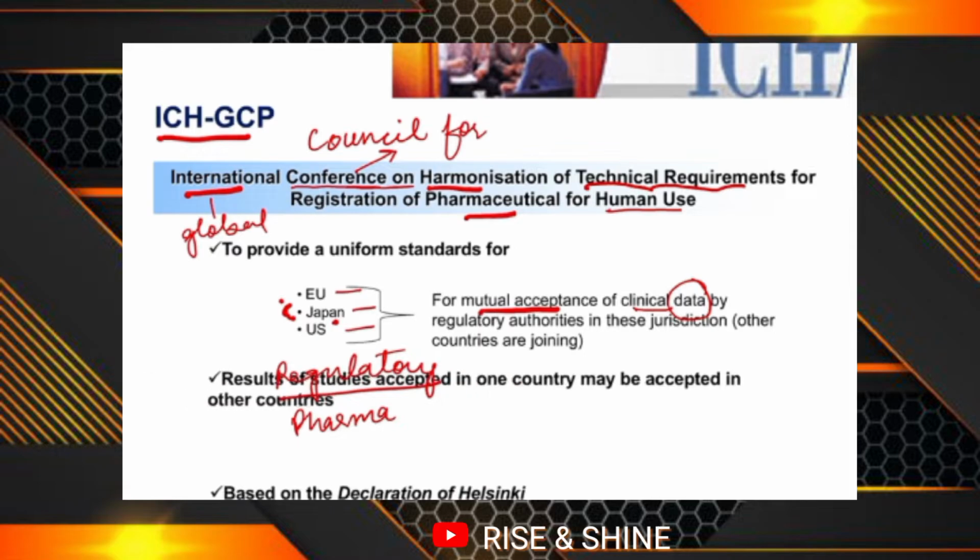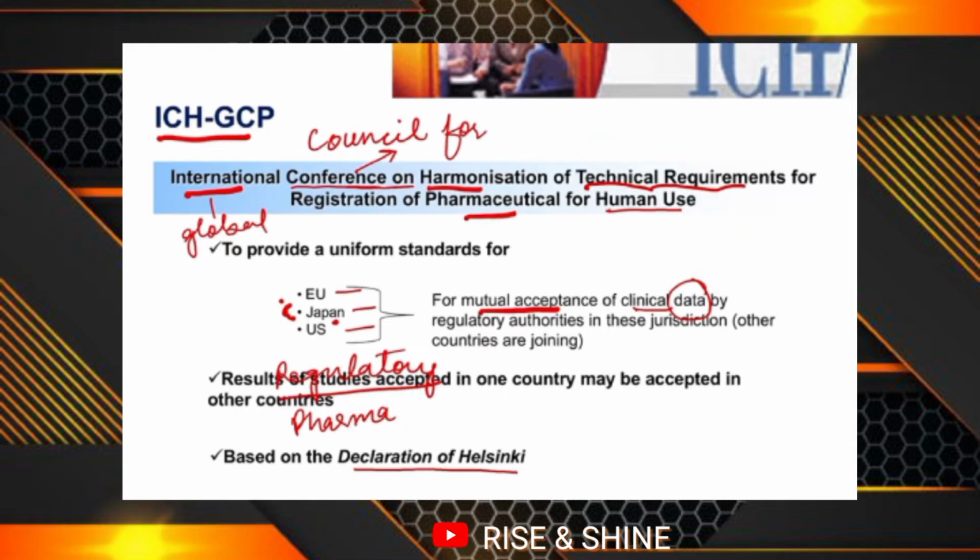They shook hands. They agreed on mutual acceptance of clinical data. What this means is that if research is happening in the EU, the data will be accepted by Japan, and vice versa. They agreed that if research is done in one territory, the same data will be accepted in another territory.